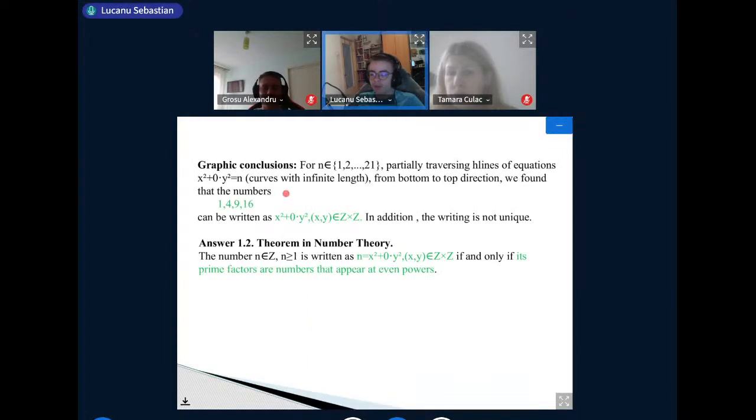Our graphic conclusion is that for n from 1 to 21, partially traversing the lines of equations x squared plus 0 times y squared equals n, curves with infinite length from bottom to top, we found that the numbers 1, 4, 9, and 16 can be written as x squared plus 0 times y squared, with x and y both integers.